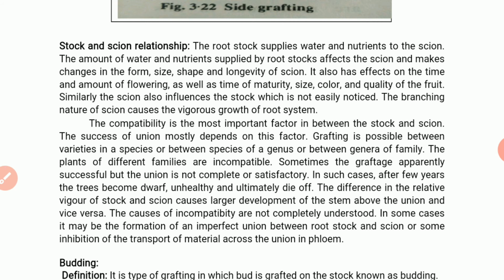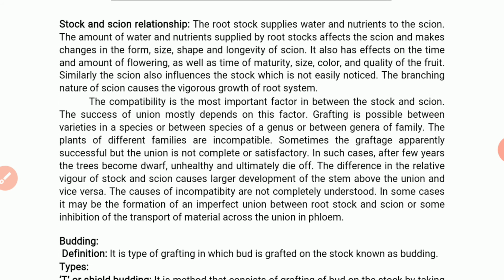The compatibility is the most important factor between the stalk and scion. The success of union mostly depends on this factor. Grafting is possible between varieties in a species, or between species of a genus, or between genera of a family. The plants of different families are incompatible.